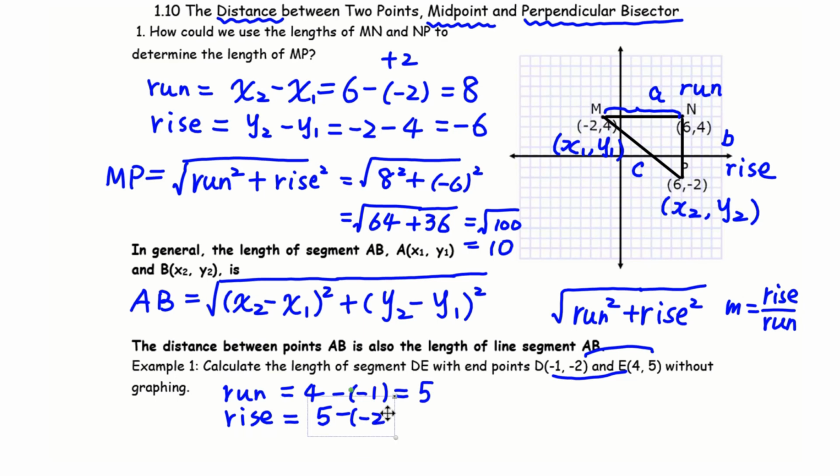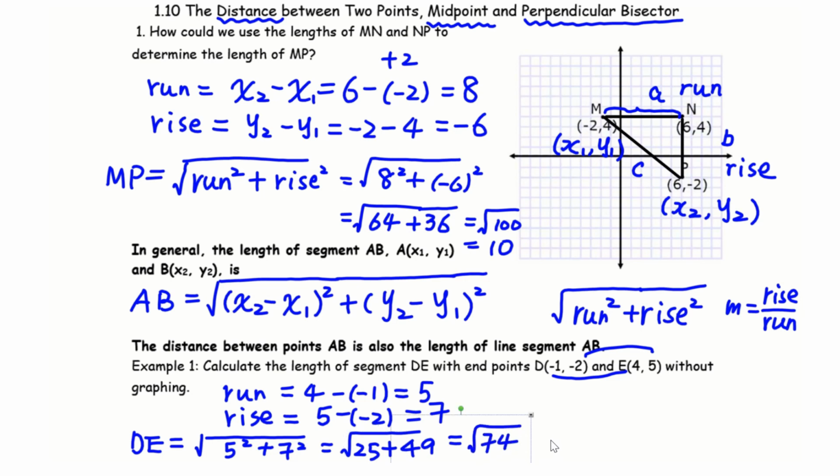You use 5 take away -2, you have 7. Then the distance between D and E is just run squared plus rise squared. It's 5 squared plus 7 squared. Then we have square root of 25 plus 49, which equals square root of 74.